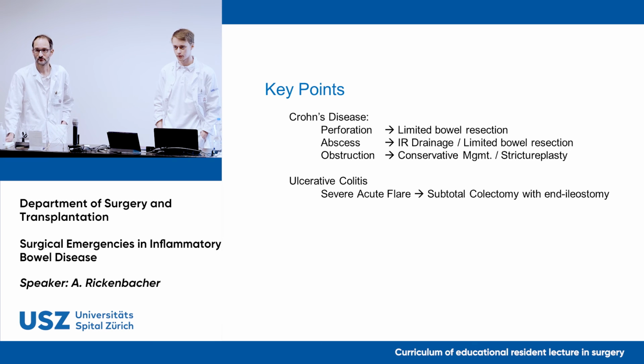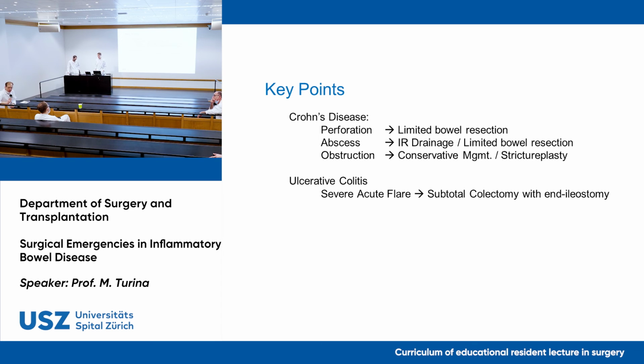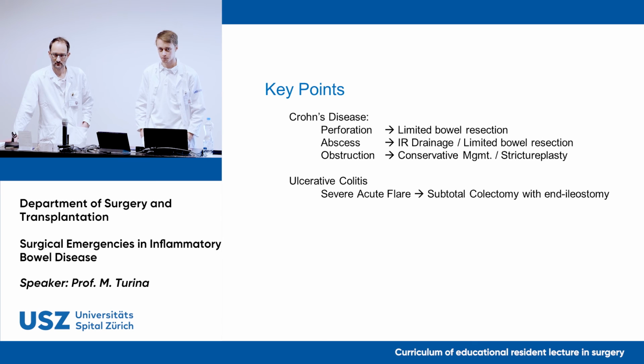Correct. There has been a trend, especially in the United States, where subtotal colectomy with a long sigmoid stump has been performed, where the sigmoid stump is sutured into the fascia, such that if the stump develops a leak, the leak will go into the subcutaneous tissue and can be drained to the outside. That was an American technique performed for many years.